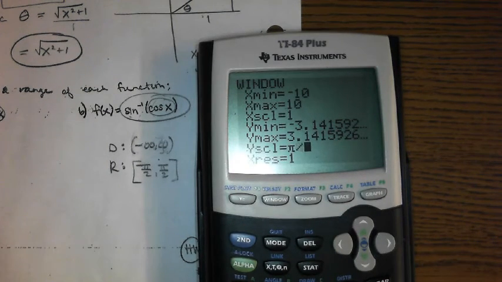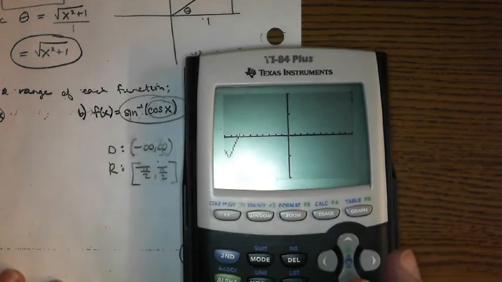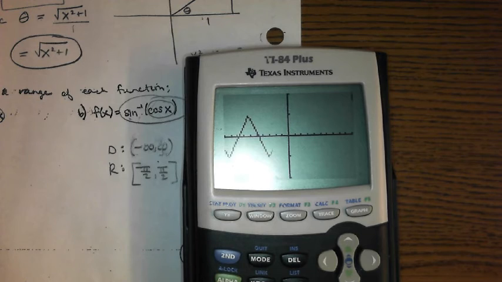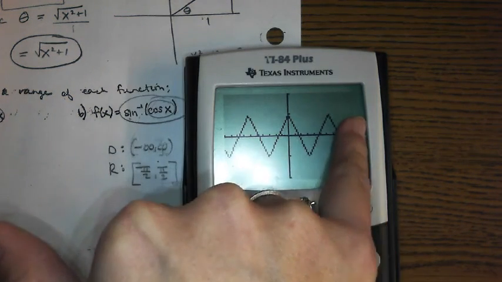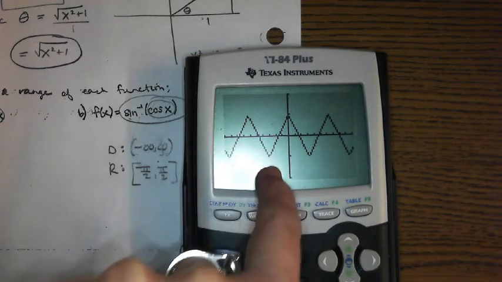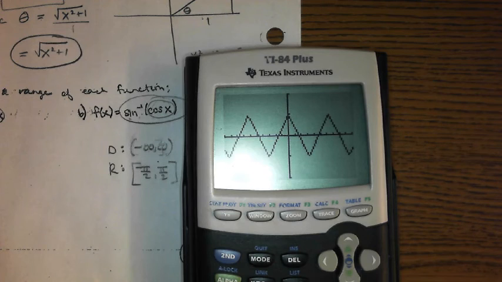I'll count by pi over 4 or over 2. So were we right? Domain negative infinity to infinity? Yes. Range negative pi over 2, that's the minimum, to positive pi over 2. Never seen that before. Well, I have. Pretty graph.